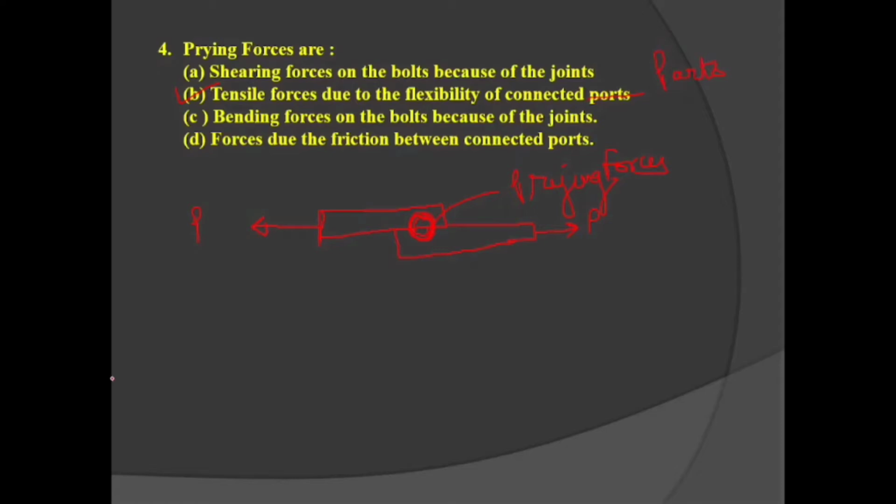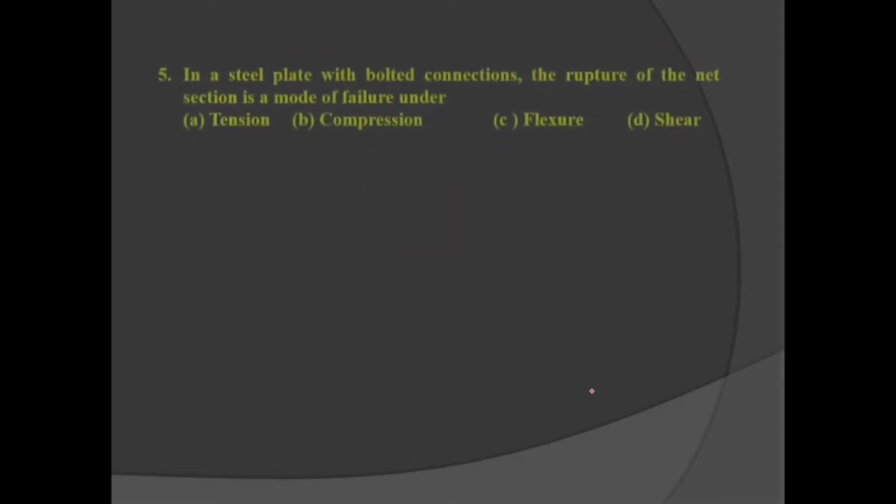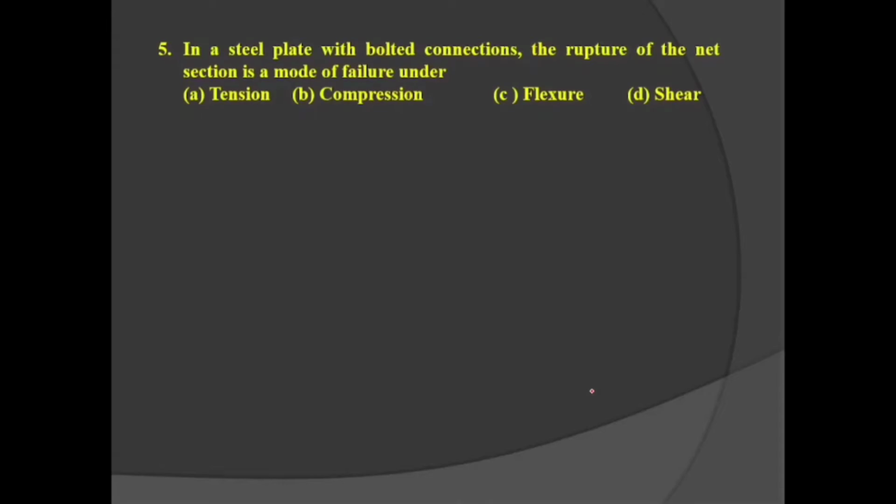So our question number 5 is, in a steel plate with bolted connection, the rupture of net section. Rupture means basically a tensile failure, because ruptures are generally failures under tension, rupture, shear failure, etc. So basically this happens in tension members.